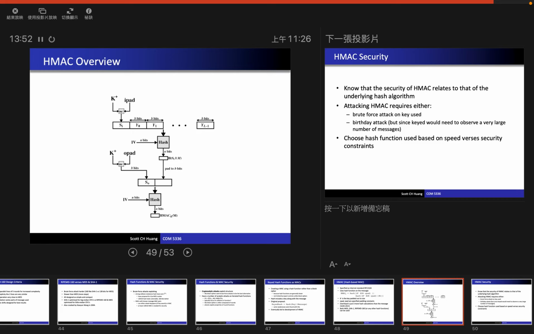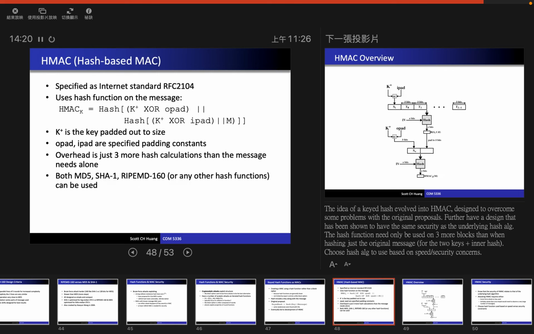So let's take a look. First, we have the key. The key is XORed with IPAD first, concatenated with the message, and then we apply the hash function in the inner round.